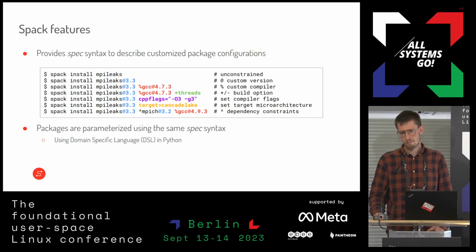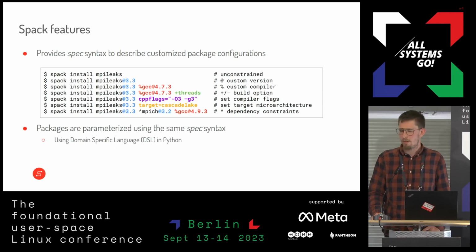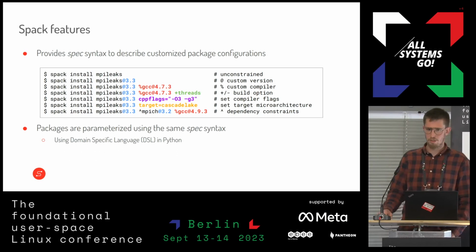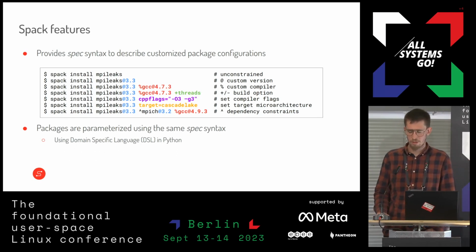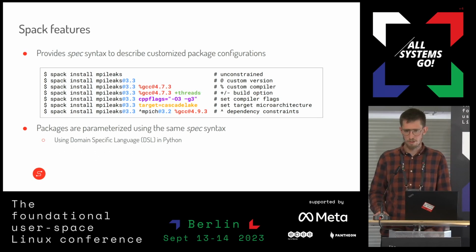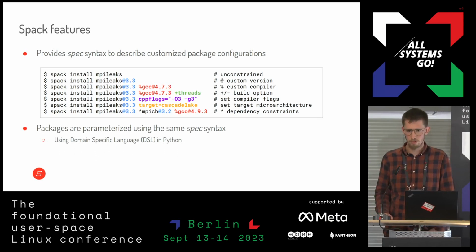So I'm wondering whether these settings are ephemeral or stored as soon as you have installed MPI leaks. I think, yes, I understand. I think they are stored, right? Once the MPI leaks package has been installed as a dependency and something else requires it, yeah. I would guess that definitely it's being used with thread support.